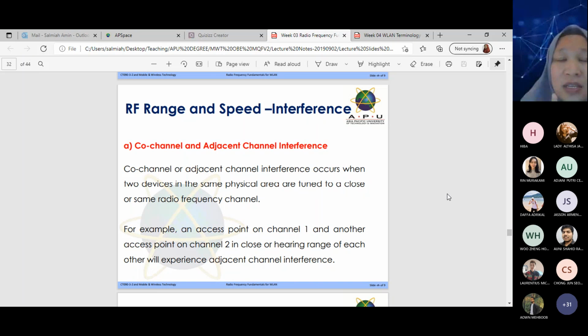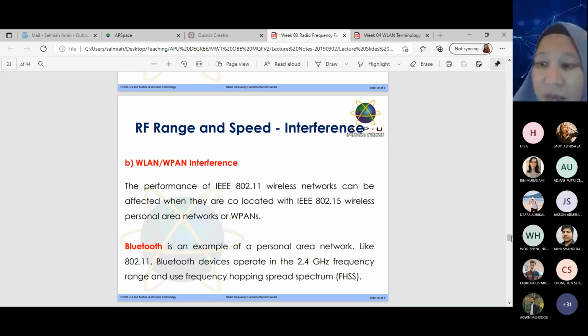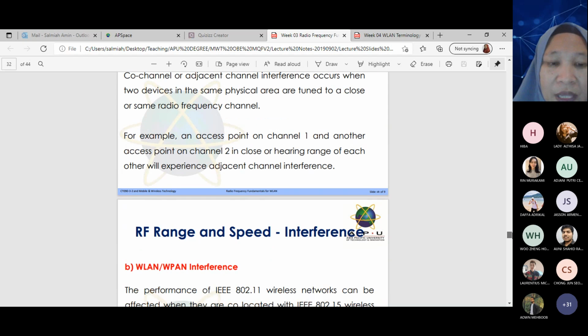So it's very important for access point channels to be set properly, rather than having a similar channel in close or hearing range. It might lead to interference, right?